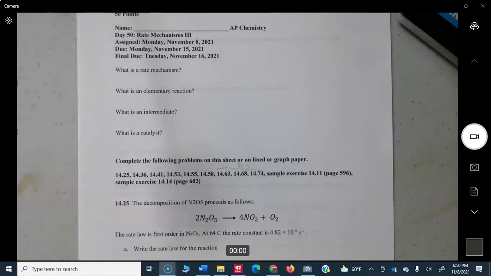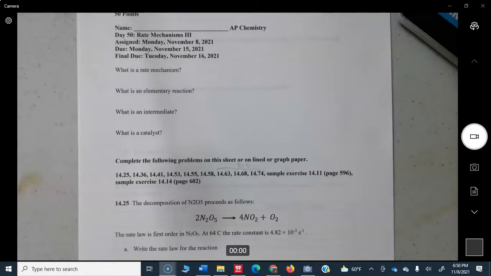What is an intermediate? An intermediate is a compound that's produced by one of the elementary steps and then consumed by a later elementary step. So it never appears in the initial reactants, and it never appears in the final products. It's made in the middle of the reaction and it's consumed in the middle of the reaction. That's called an intermediate. What is a catalyst?